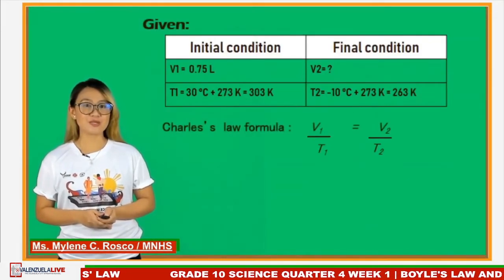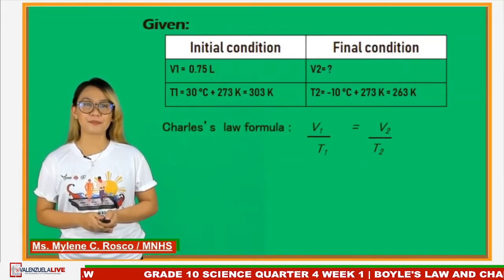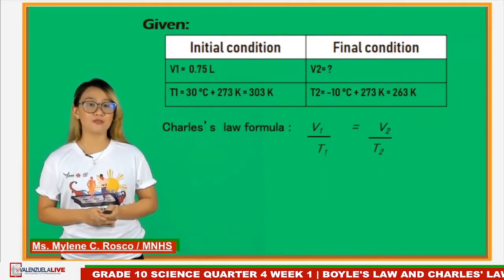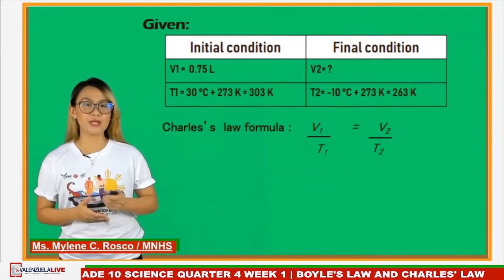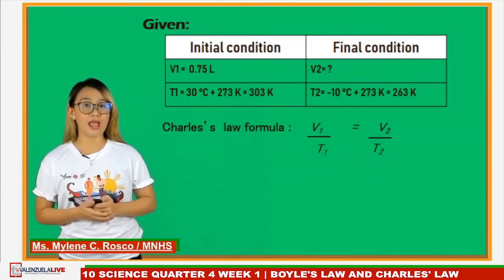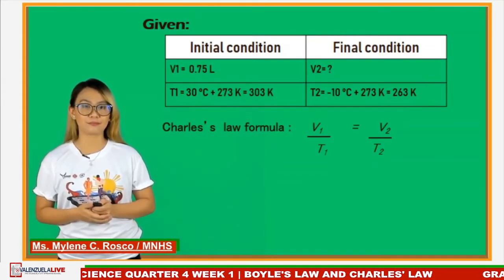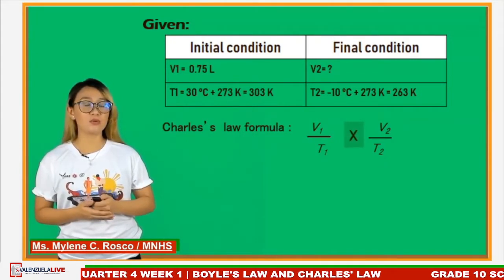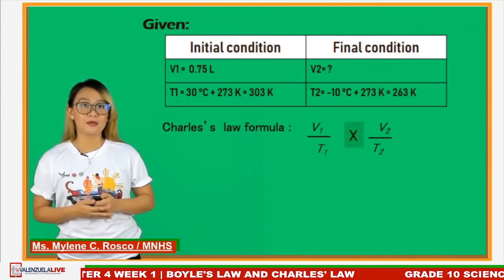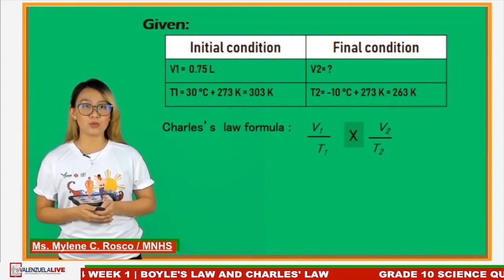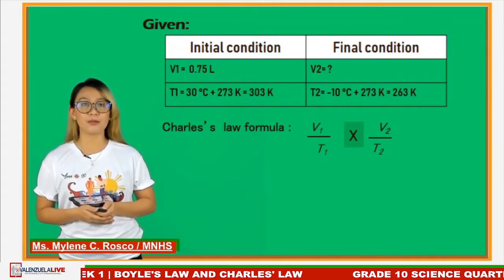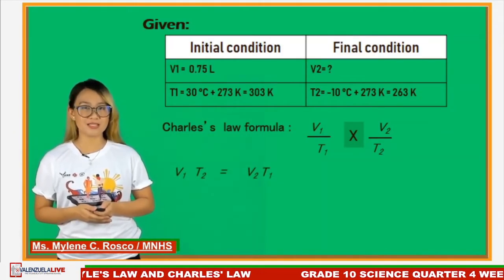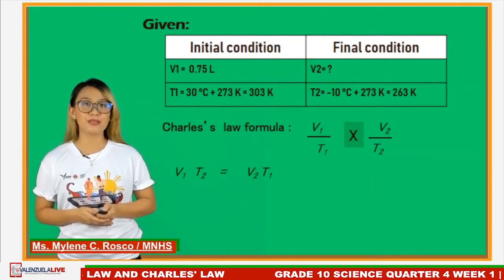So let us use the Charles' law formula. In this problem, we are going to find volume 2. So to find volume 2, we need to derive a new equation. In deriving the equation, we need to cross-multiply V1 multiplied by T2, V2 multiplied by T1. So that gives you V1T2 is equal to V2T1.